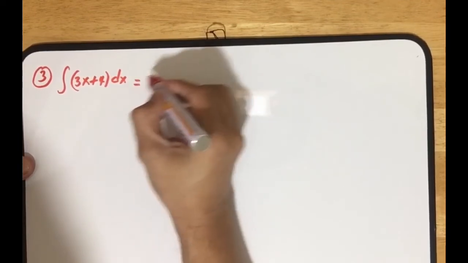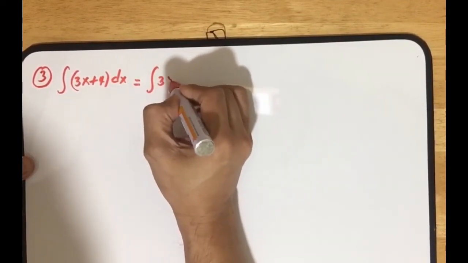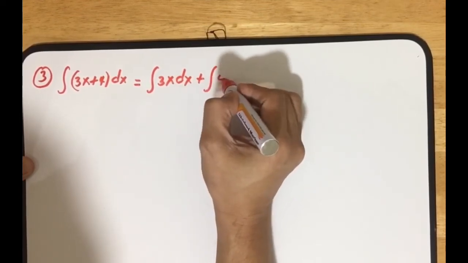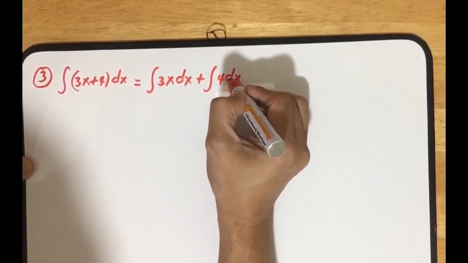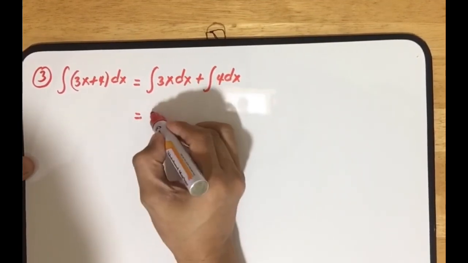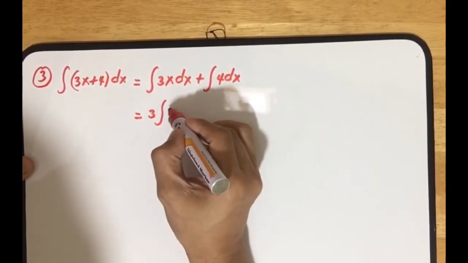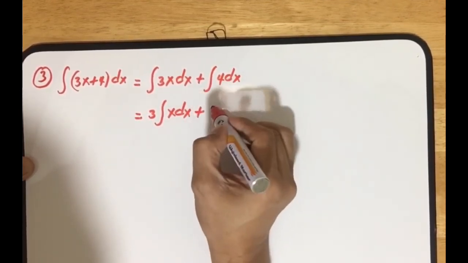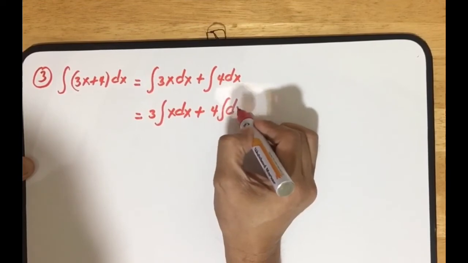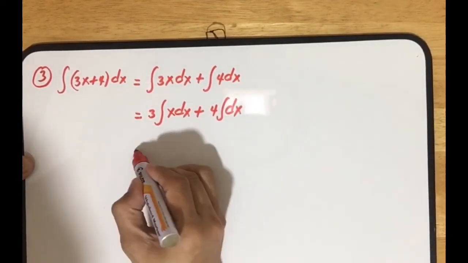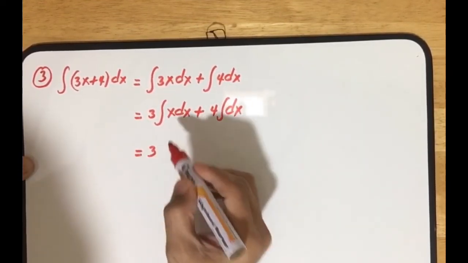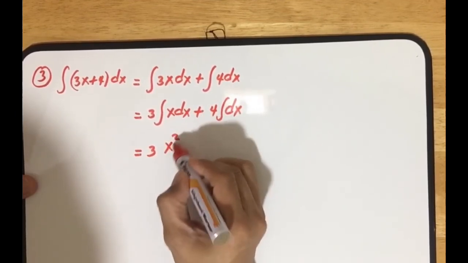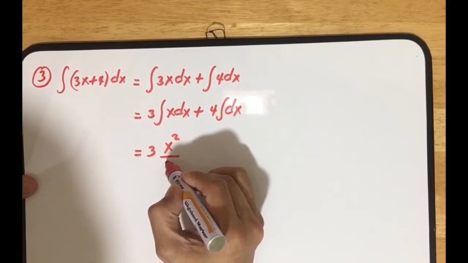You can rewrite this as the integral of 3x dx plus the integral of 4 dx. Isolating the constants, 3 times the integral of x dx plus 4 times the integral of dx.